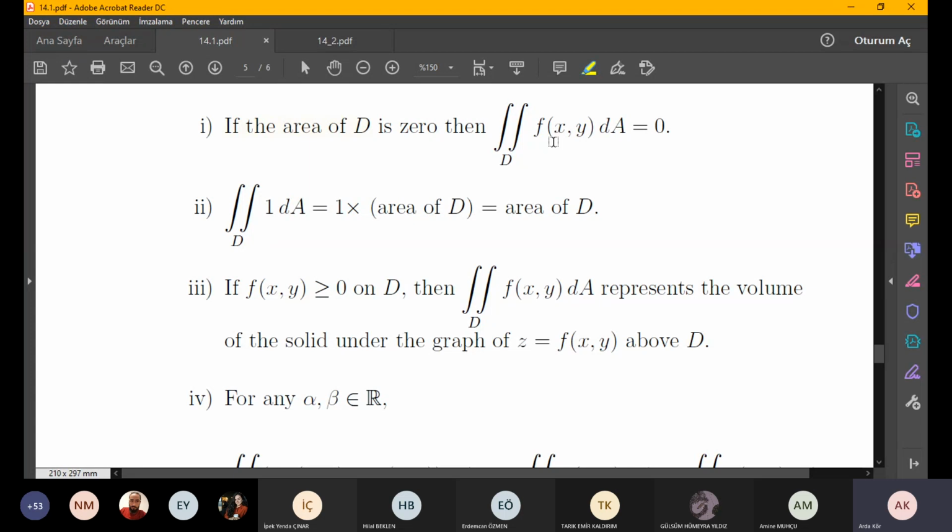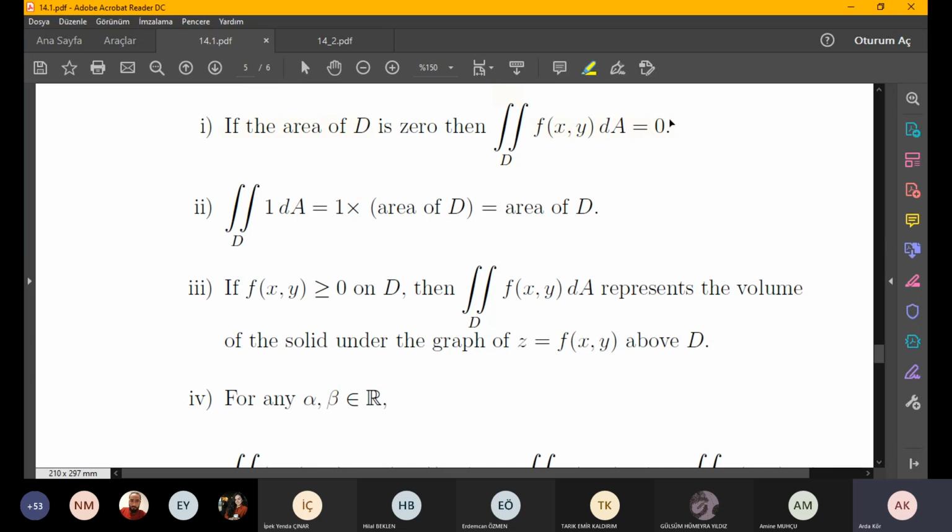You cannot express a region of zero area which yields a nonzero double integral of f(x,y) over that region; it has to be 0.